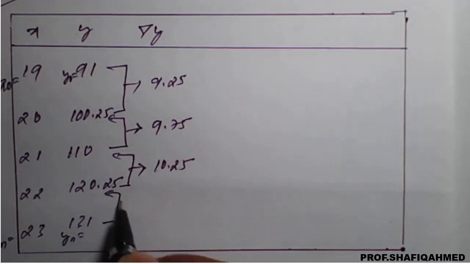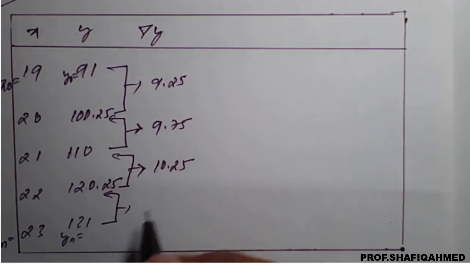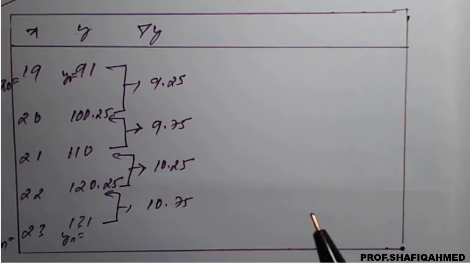And 131 minus 120.25, we get 10.75. So this is the first difference.